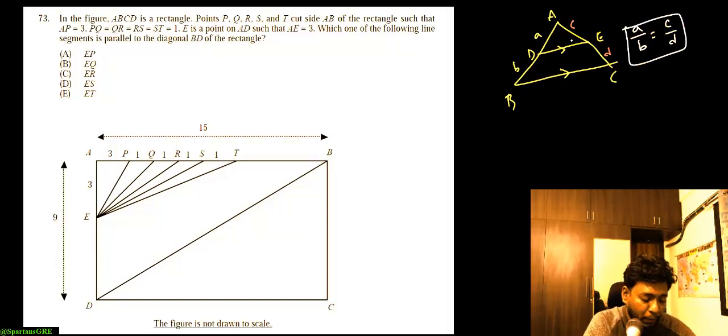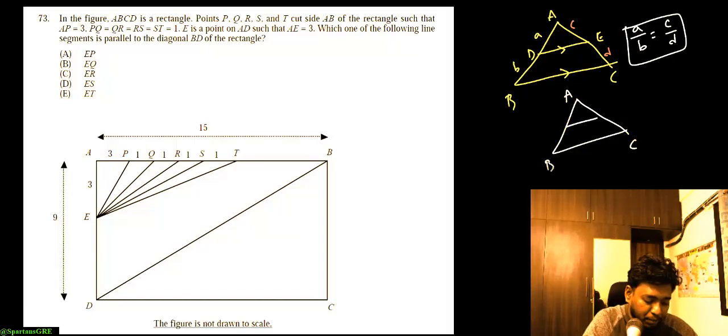It's very important. If both lines are parallel, that means the A by B ratio will be equal to the C by D. That means the left side ratio will be equal to the right side ratio. And the inverse is also true, right? And the opposite is also true. Opposite, I mean to say, if we have a triangle like this, A, B, C is there.